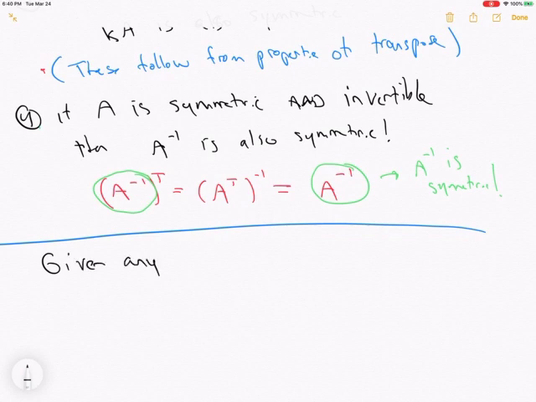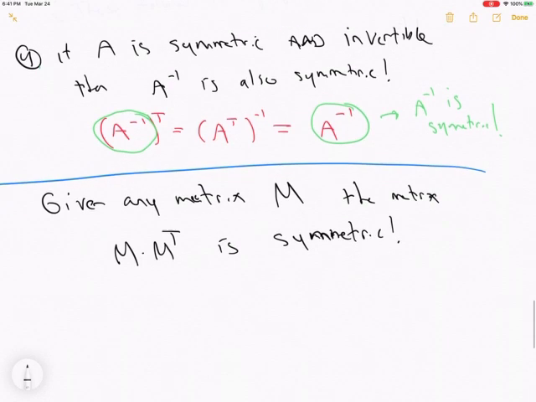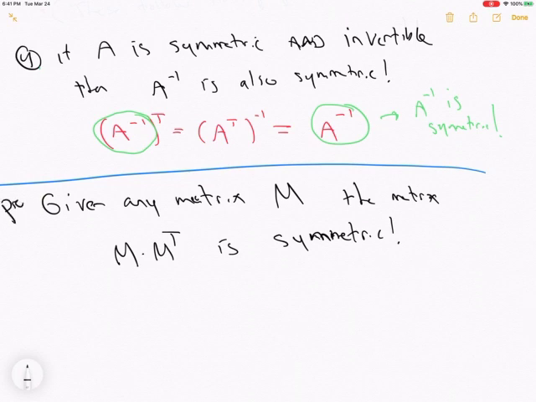Given any matrix, not necessarily symmetric, M, we can construct this new matrix by taking M and multiplying it by M transpose. This is a new matrix, and this matrix is symmetric. This is a cool little proposition or just an observation.